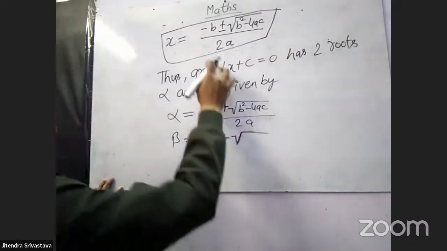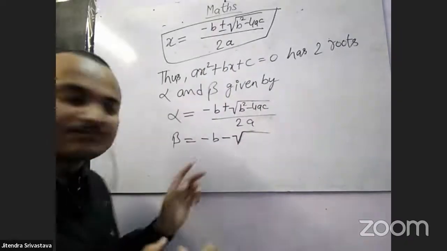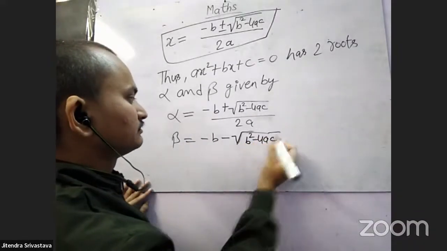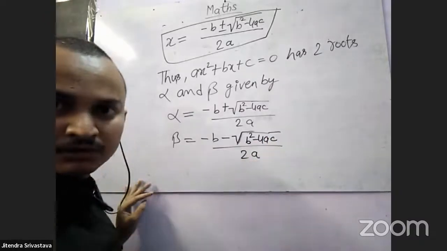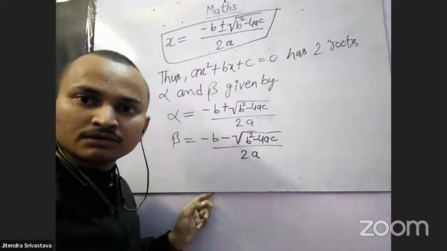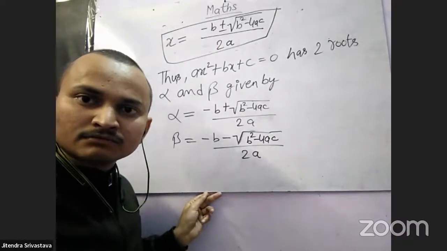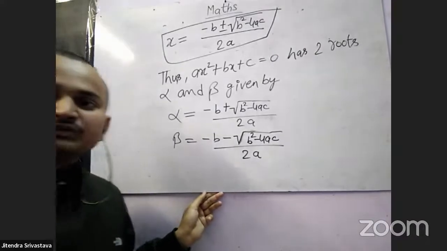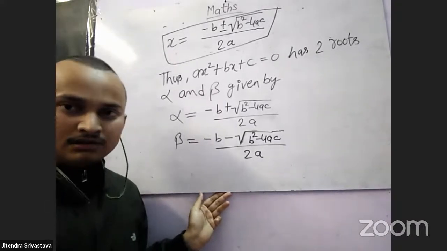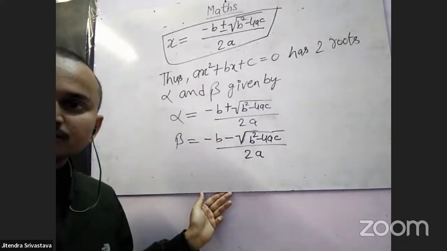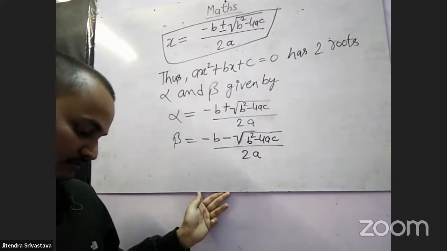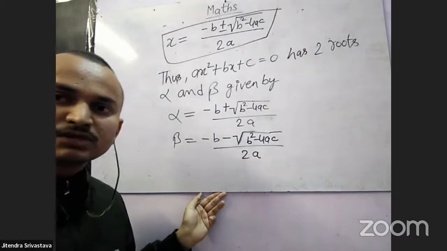So the plus and minus are divided among alpha and beta. I hope you all understand what I am writing here. If you have any doubts, you can ask. No doubts, so I'm moving forward.